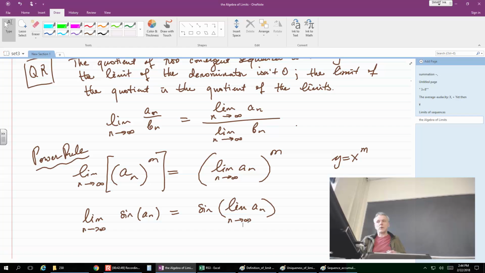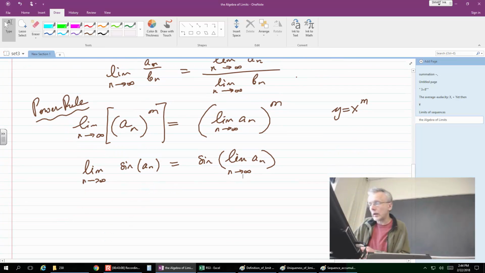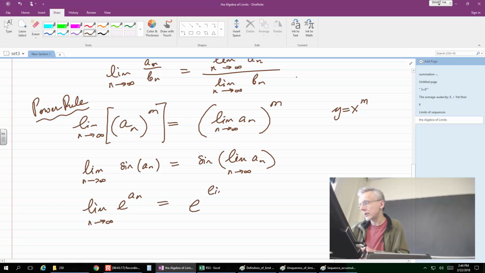Certainly that tells you something nice about the sine function. What is so nice about it? It is continuous, right? So this rule applies to all continuous functions. Let me give you one more to complete the picture: the limit of e to the a_n as n goes to infinity is equal to e to the limit of a_n as n goes to infinity.